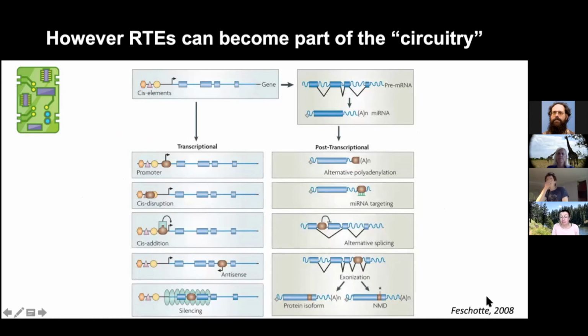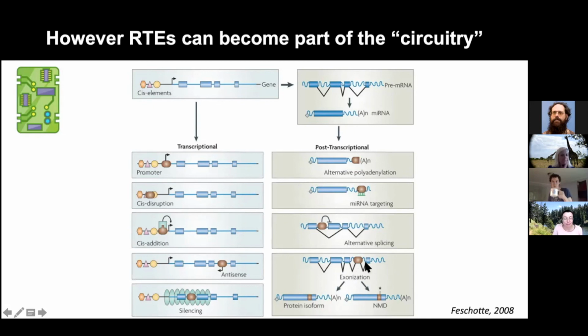This recent review by Cédric Feschotte shows many examples that have been documented by which a sequence derived from retrotransposons becomes an essential part of gene regulation or post-translational regulation. And I saw that Manny's in the audience, and he could probably go on a lot about NMD exons that are retrotransposon derived.